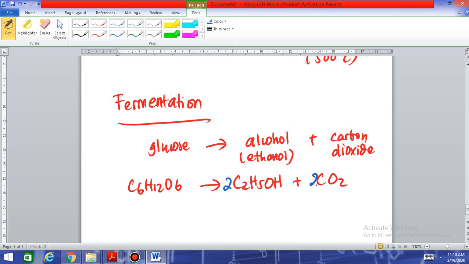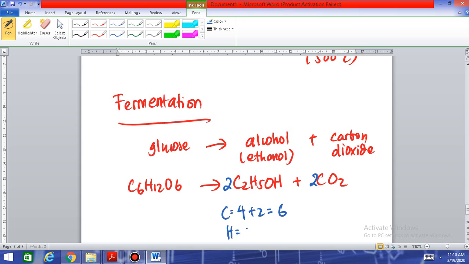So 2, 2. Okay, let's check again. So C2, 2 carbon atoms, 2 times 2 is 4, plus 2 is 6 carbon atoms, and C6 on the other side.